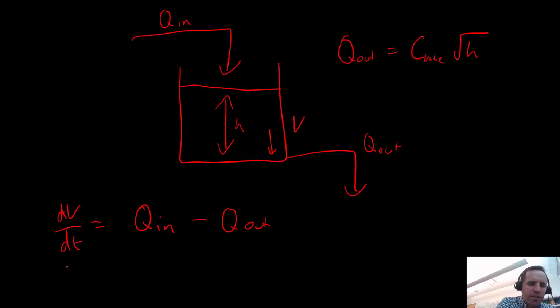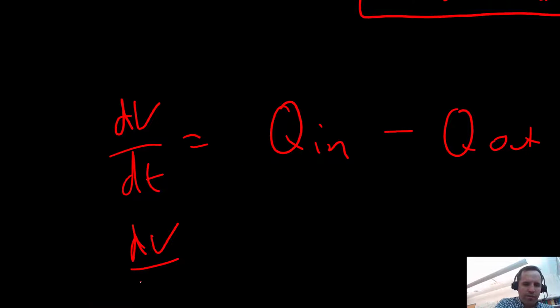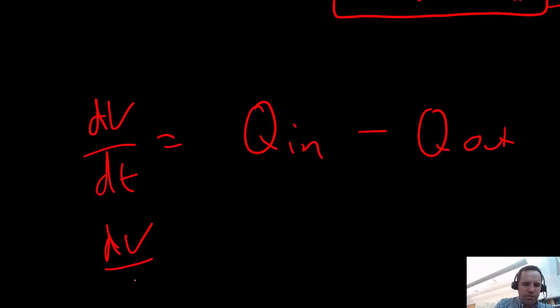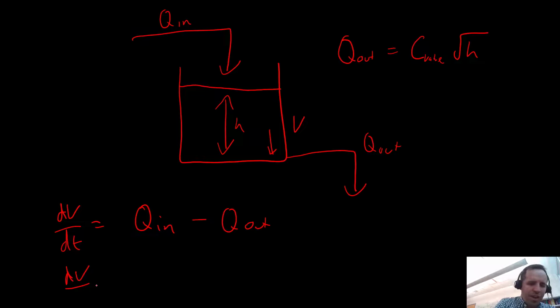And we could also make the substitution here using that relationship for Q out and get that dV dt is equal to Q in minus our C valve times the square root of height.